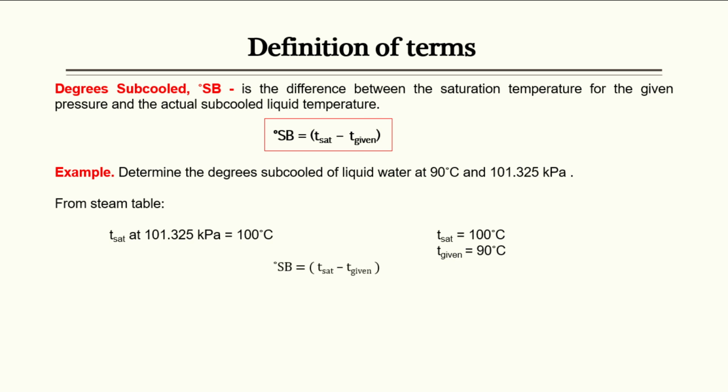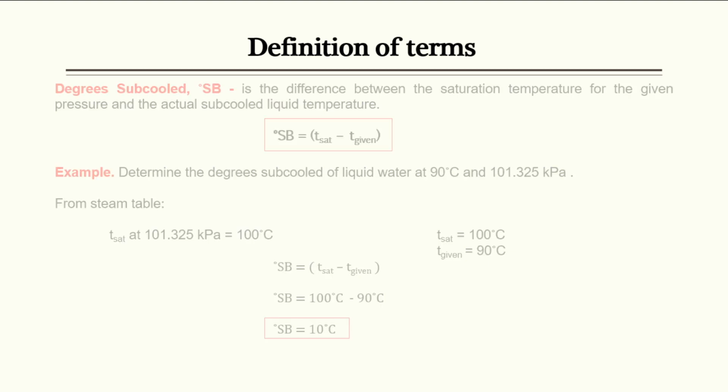Therefore, degree subcooled is equal to Tsat minus T given. So, Tsat natin ng 101 is 100 degrees Celsius. And yung given natin is 90 degrees Celsius. Therefore, degree subcooled is equal to 10 degrees Celsius. Okay.